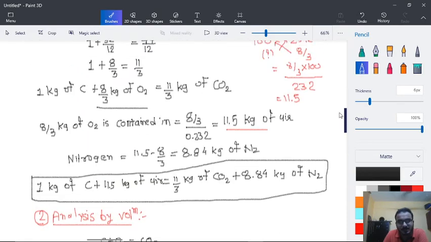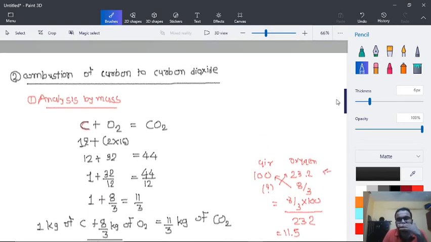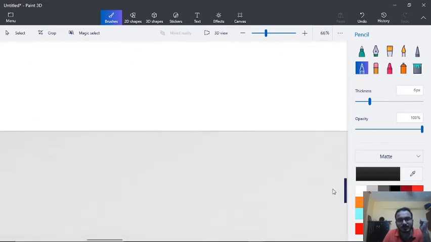So this is the analysis for combustion of carbon to carbon dioxide.